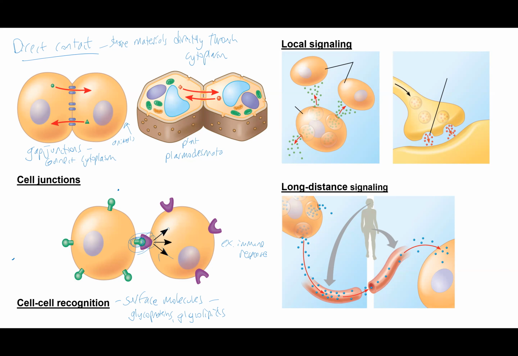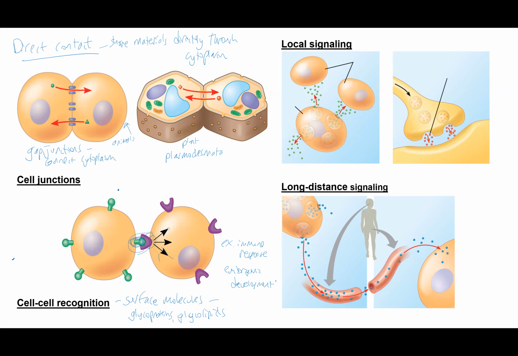So it sends out signals to other immune cells to attack, to get rid of, to destroy, and to remember them for the next time so that this doesn't happen again. It's also really important in embryonic development. But again, that's considered direct contact because the cells are actually connecting with each other.